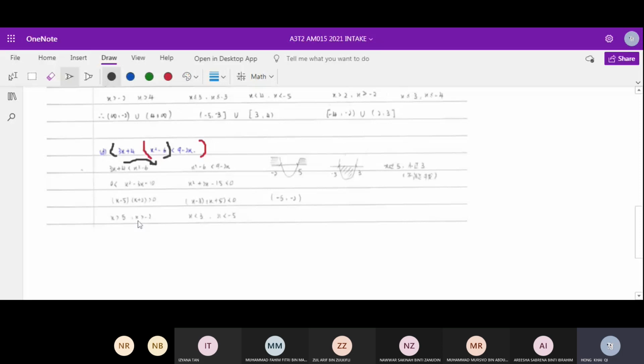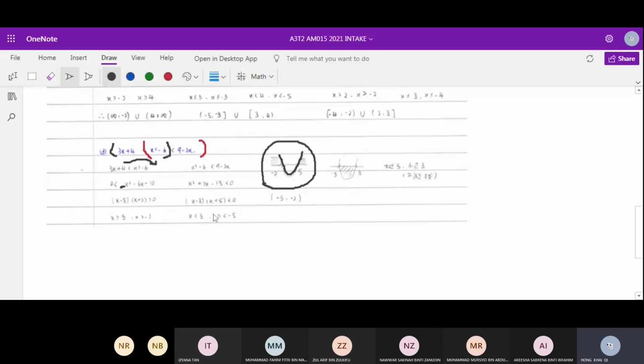So you can draw the graph. When you draw a graph, you need to see what is the A. A is in front of x squared, 1, more than 0, so the graph will be a smiley face like this.